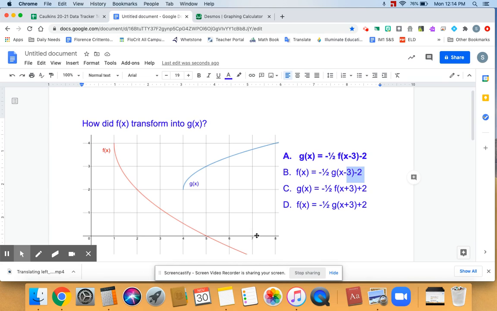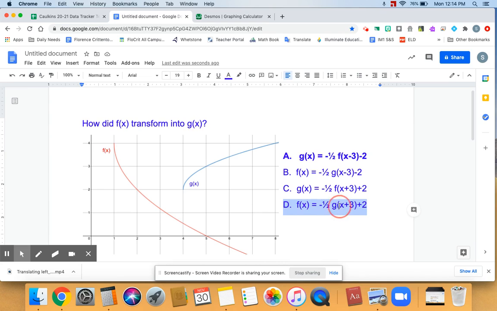And that's not what's going on. Also, I don't want to take g and turn it into f, because this is saying f equals all this stuff happening to g. But this is saying f turning into g. So it's important because they could have flipped it. And if they flipped it, then D would have been the answer.